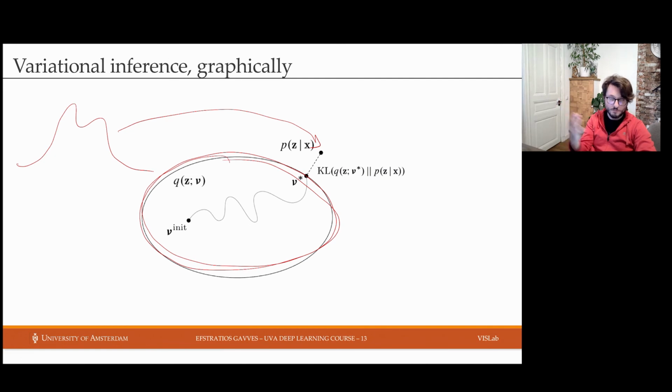I don't know which Gaussian, but it can be like this one, or that one, or that one. All these possible Gaussians are within this model space, and variational inference tries to find the Gaussian that looks the closest to my true posterior.